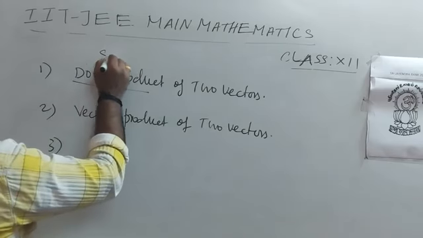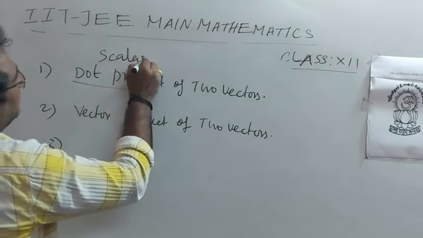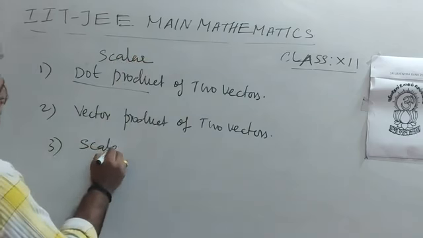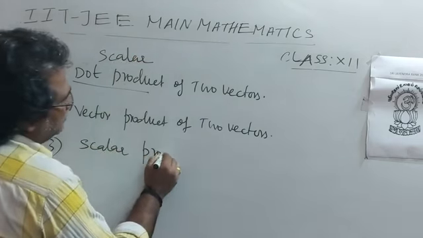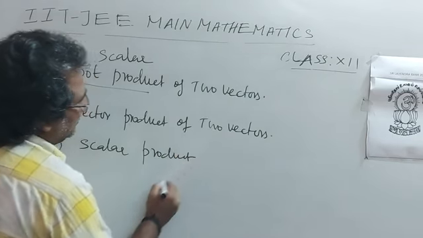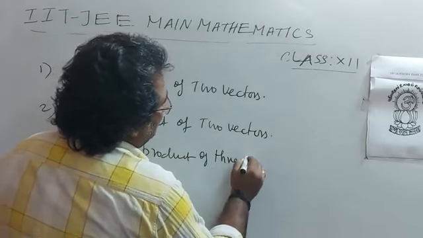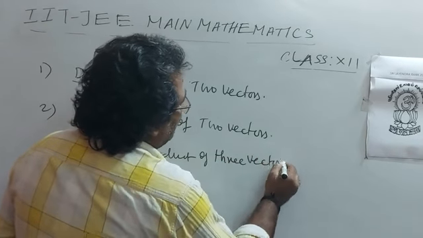Dot product or scalar product of two vectors. Scalar product of three vectors.